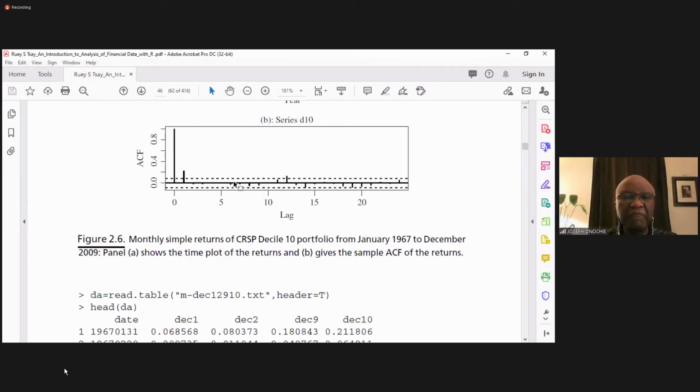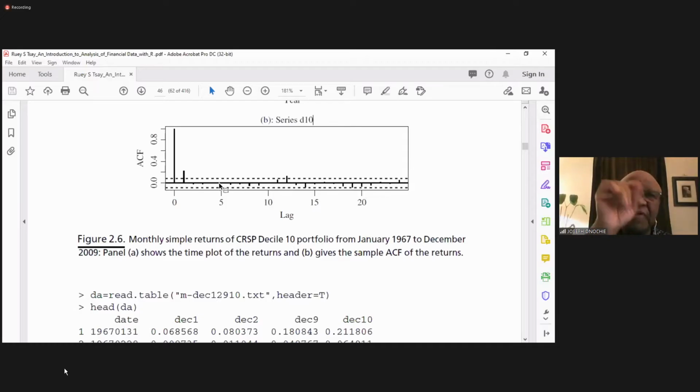So when we work with autocorrelations, we have two types of tests we can do. Number one is test each individual autocorrelation to see whether it is statistically equal to 0 or different from 0, in which case the null hypothesis is H0, the autocorrelation at that lag is equal to 0.